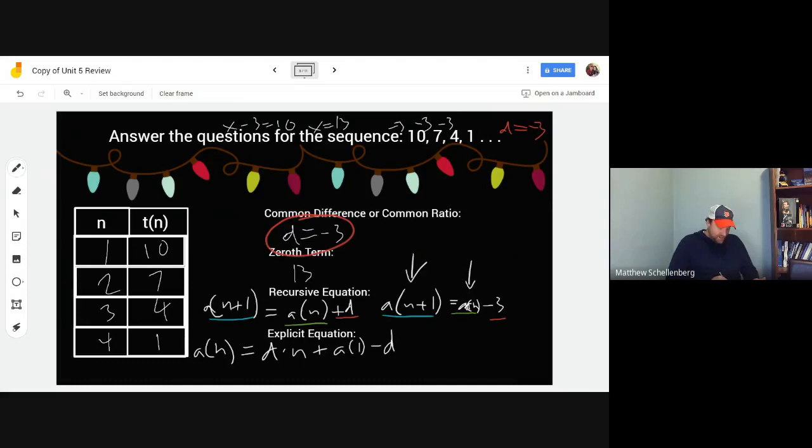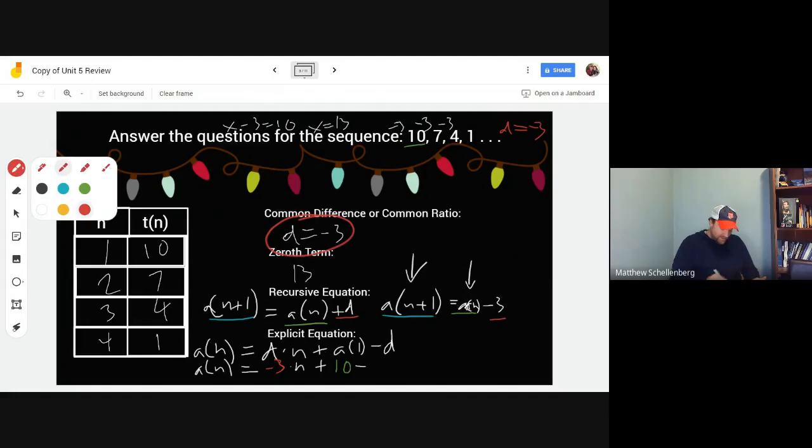And so in our case here, we have a of n equals d, which we know is -3, times n, plus a of 1, which we know is 10, minus d, and that d is -3. So minus -3. Notice there's two minuses here. What happens if I have that? First of all, I'm actually supposed to bracket it. But what happens with two minuses? Two minuses become a positive.